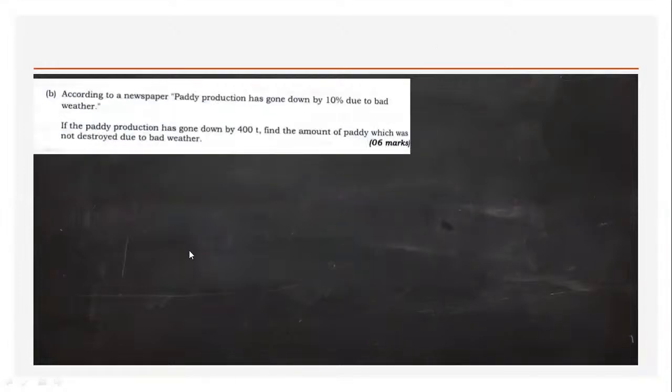According to the newspaper, paddy production has gone down by 10% due to bad weather. If the paddy production has gone down by 400 ton, find the amount of paddy which was not destroyed due to the weather. It means total amount of paddy.